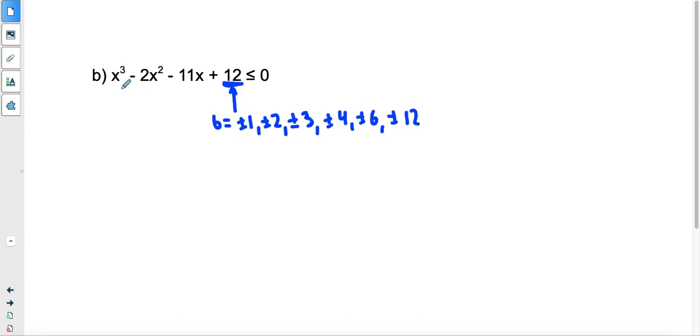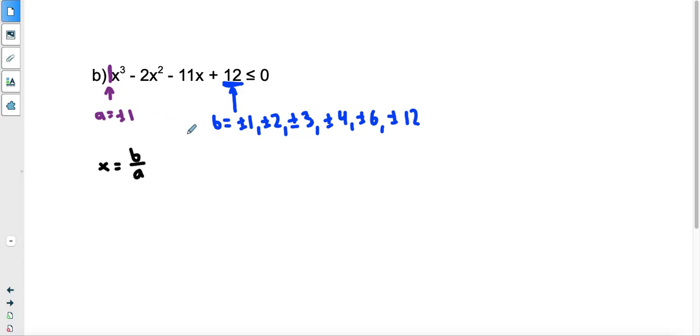The factors of my leading coefficient here, which is 1, is just plus or minus 1. So that means to help us find the zeros, I want to try plugging x values in the form b over a into my polynomial.